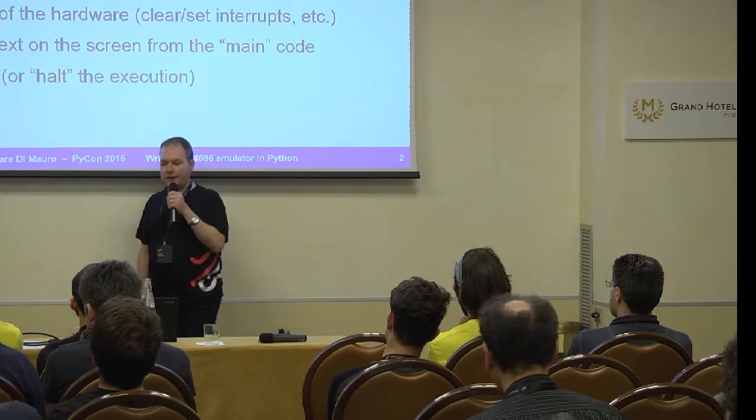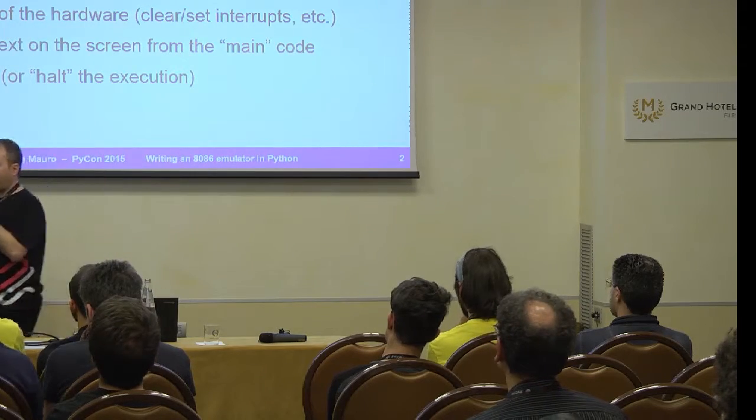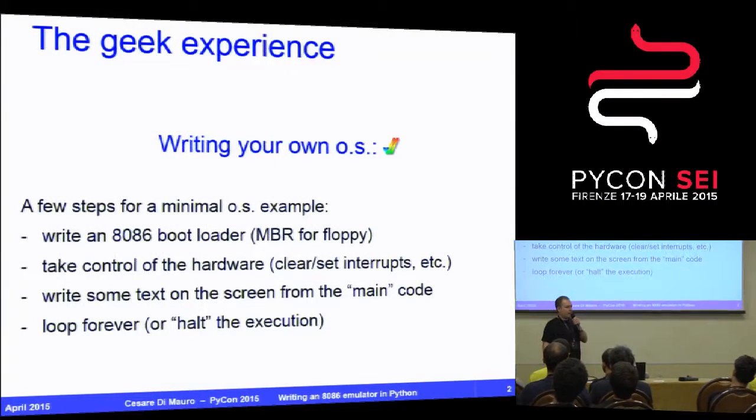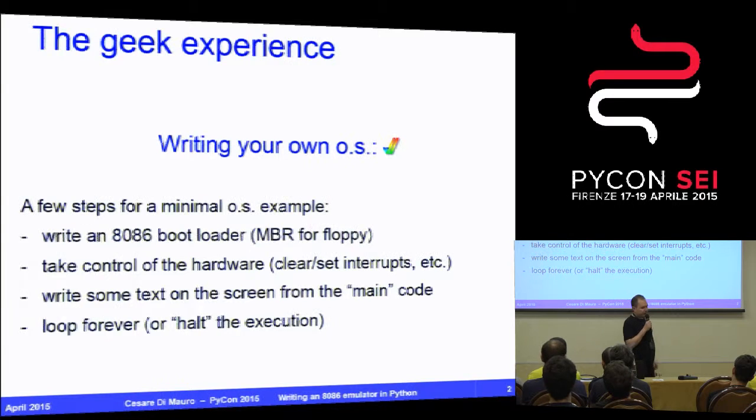A little background. I think it's part of the coder experiences. I found fascinating writing something which directly controls the hardware, something like an operating system which has full access to the hardware, so we can talk directly with the hardware.